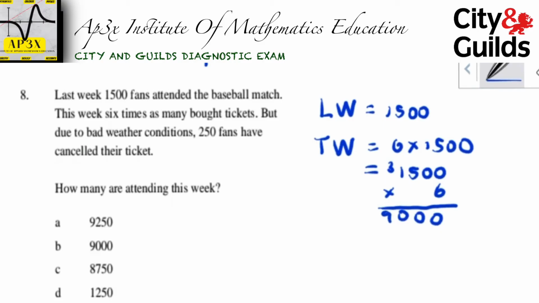So now we have 9,000 fans that bought tickets. However, in the bad condition, 250 fans have cancelled their ticket, meaning they're not coming to the baseball match. So that's 9,000 minus 250.